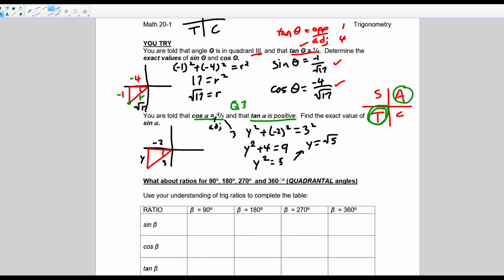But because we are in quadrant number 3, we're going to put that negative in front there, because any value of sine or y here is going to be negative. So that means that for us, sine of theta is equal to opposite over hypotenuse. So my opposite was -√5 over my hypotenuse, which is 3.